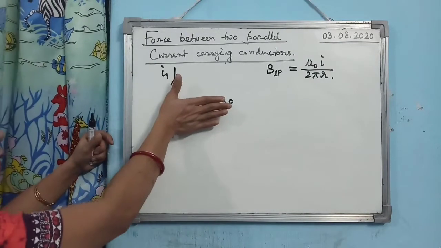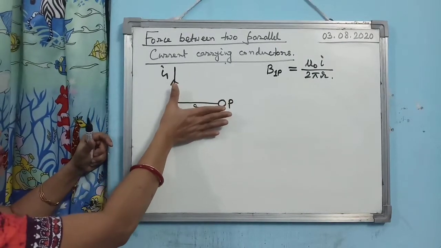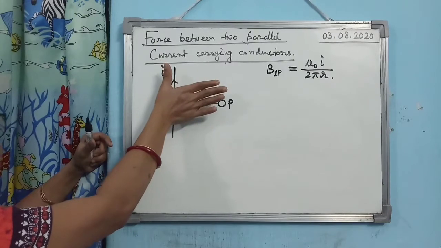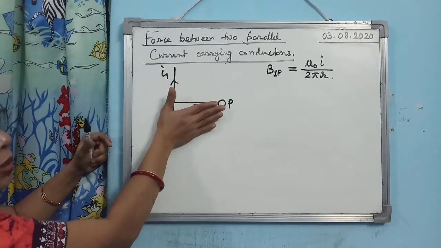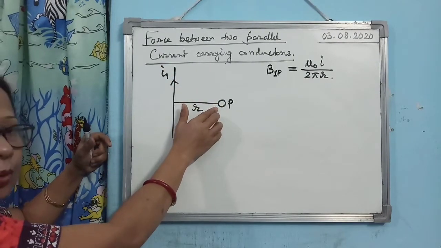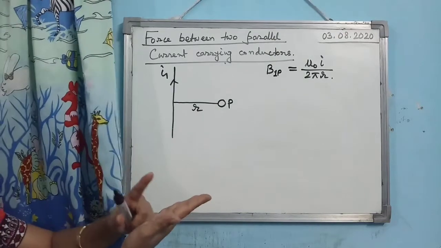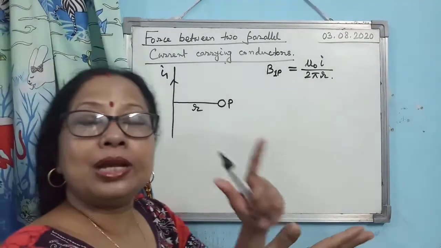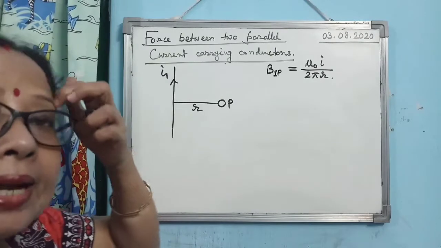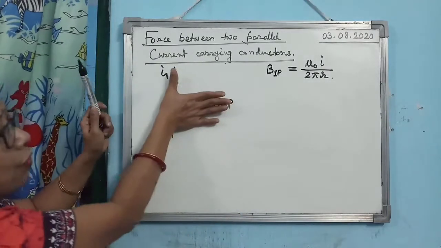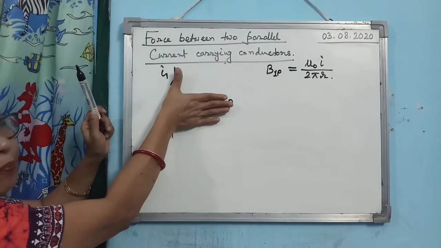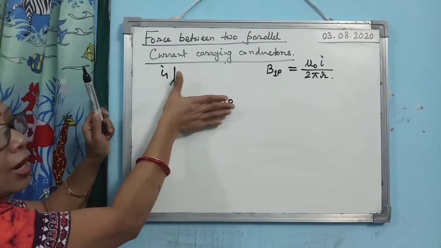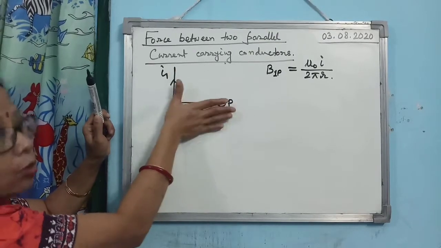You place your right hand palm in such a way that the thumb is along the direction of the current and 4 fingers are along the direction of the point of observation. Then the perpendicular drawn to the palm will be the direction of the magnetic field. If I place my right hand palm this way, the perpendicular is in the inward direction.